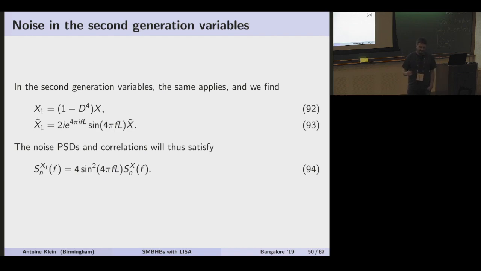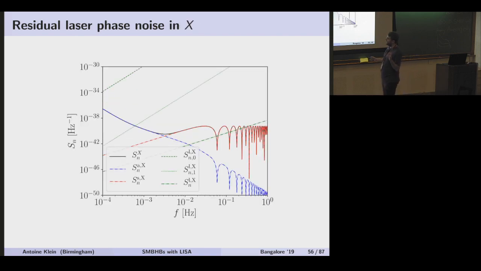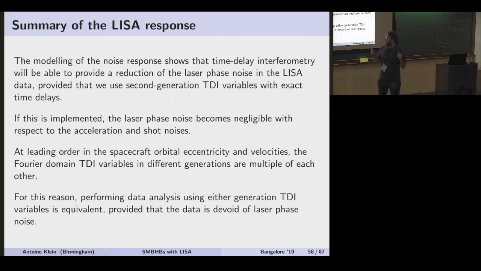So what that means is that if you have data with no laser phase noise in it, then you can do your data analysis with any generation variable that you like, as long as you stay consistent with the noise levels that you assume in your variables.